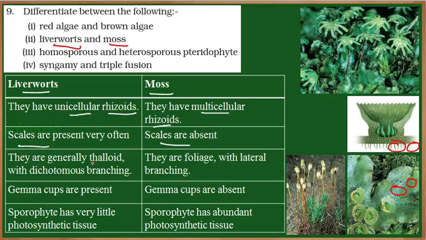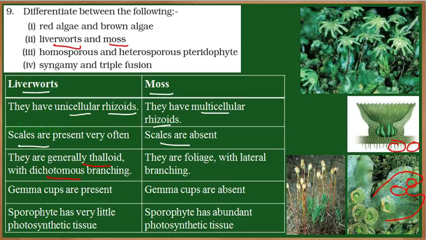Liverworts are generally thalloid and dichotomously branched. Thalloid plant body means a plant body which cannot be differentiated into root, shoot and leaves. And dichotomously branched means they are like this, so this structure has got two branches.